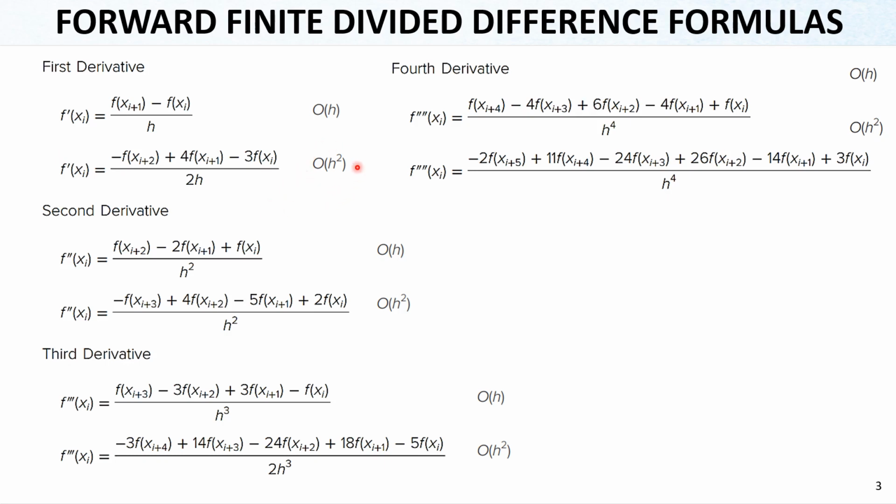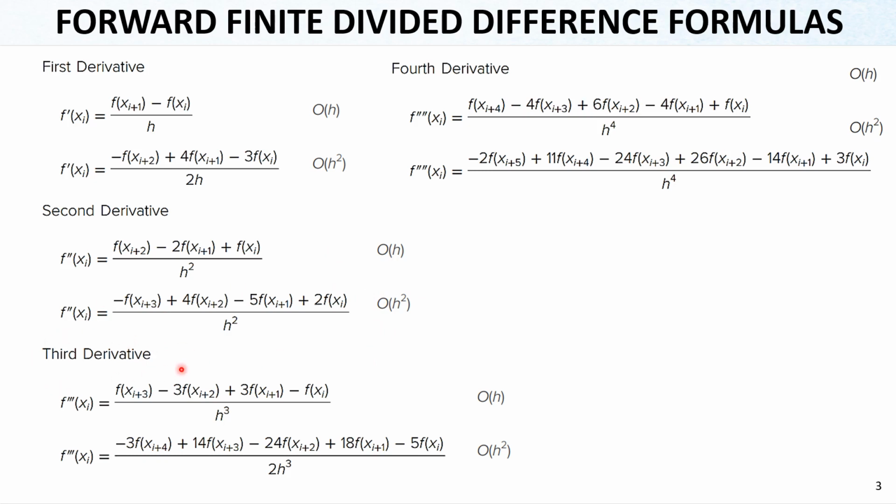So we have an order of h^2 with this formula for the first derivative. We can do the same for the second derivative. This is the first simple formula for simple approximation, and this one is when we add the third derivative approximation into the second derivative after truncating from the third derivative, for instance. So this is the formula for the second derivative with higher accuracy.